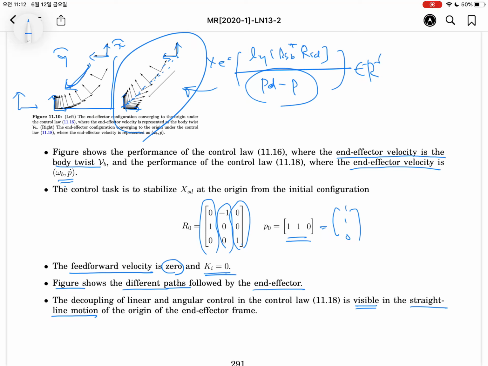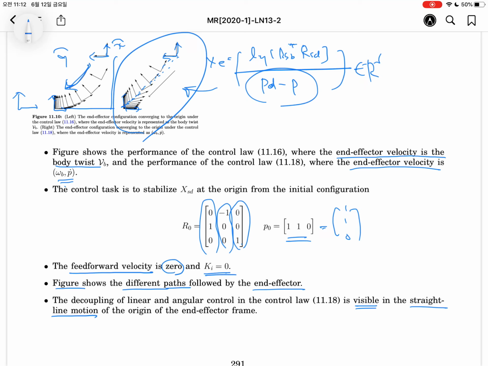That's my opinion. If you don't agree with me, then you can make your own theory. Anyway, in some cases the robot end effector should follow the straight line. At that time, you need to decouple the orientation part and the position part, and then feedforward plus feedback control, PI control, can be used to make the robot motion control.